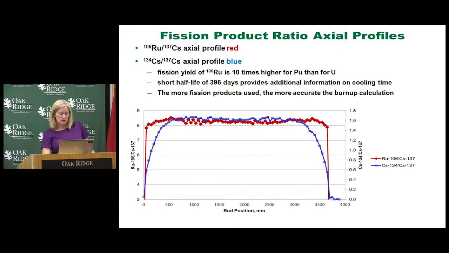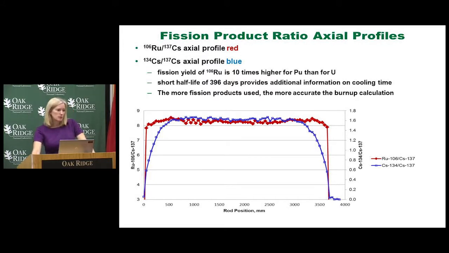I had mentioned using several fission product ratios. Here in the red, you can see the ruthenium-106 to cesium-137 axial profile. What this tells you possibly is how much plutonium is fissioning versus how much uranium is fissioning, because ruthenium-106 is produced 10 times more often in the fission of plutonium than in the fission of uranium.